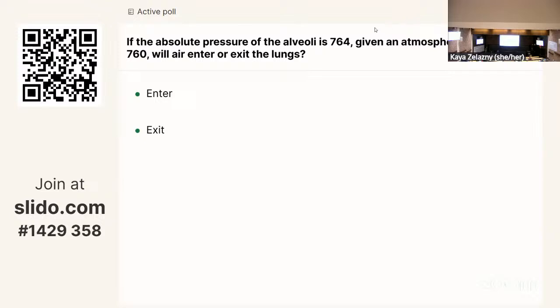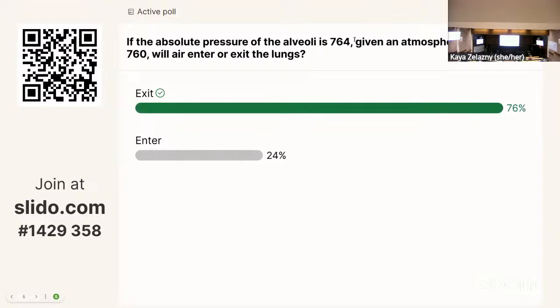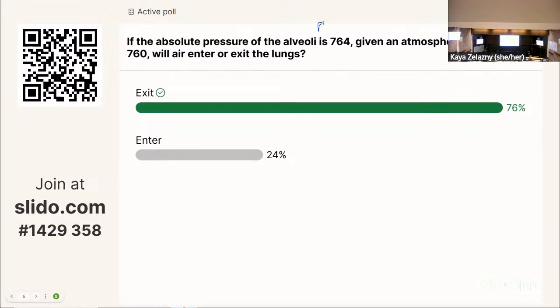Okay, let's take a look. Okay, cool. All right, so all we're doing is comparing PALV, which in this case is 764, to our atmospheric pressure, PATM, which in this case is 760.